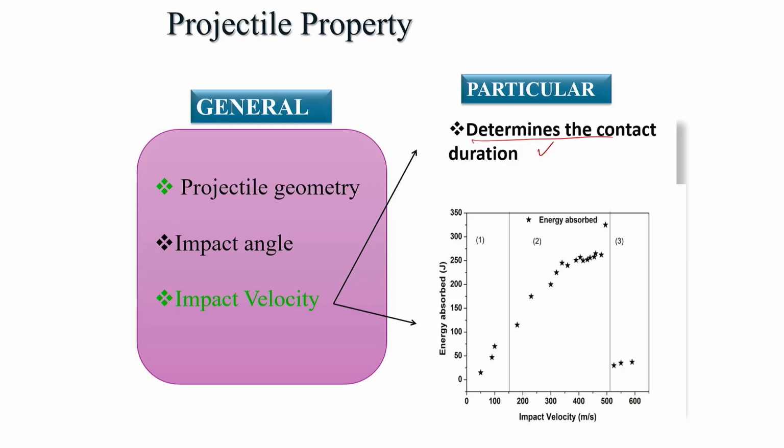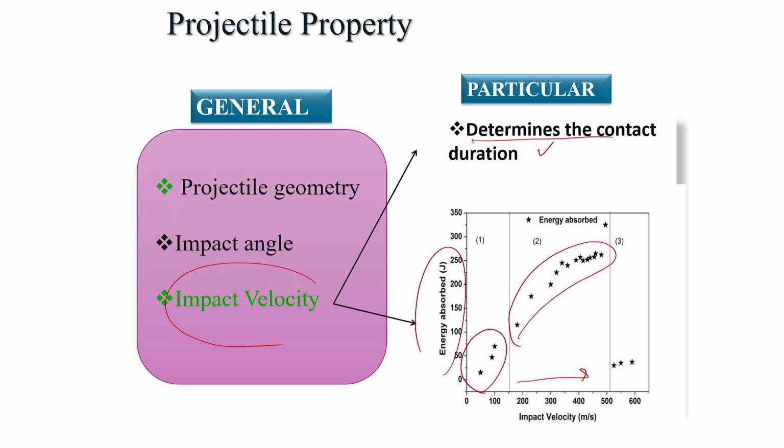So, with the increase in impact velocity, the energy absorbed increases. At lower velocity there will definitely be lower energy absorption, but as the velocity increases, the kinetic energy will be more and more, and energy absorption by the material will increase.